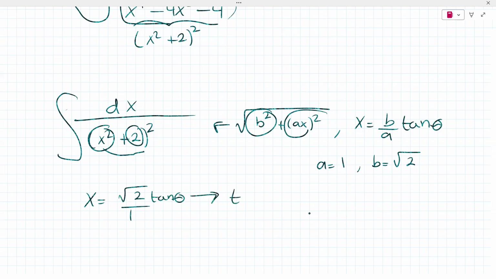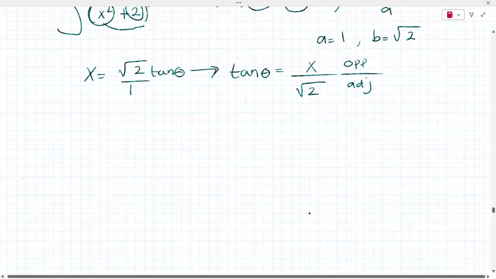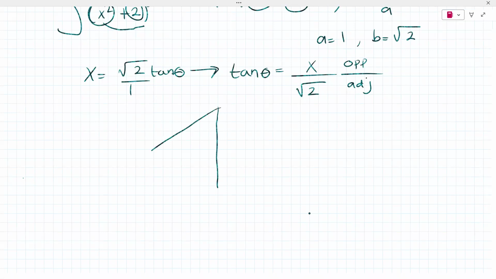So my tan theta is the same thing as x over square root 2. Or you could think of it as opposite over adjacent. Go ahead and draw your triangle. Here's your theta.